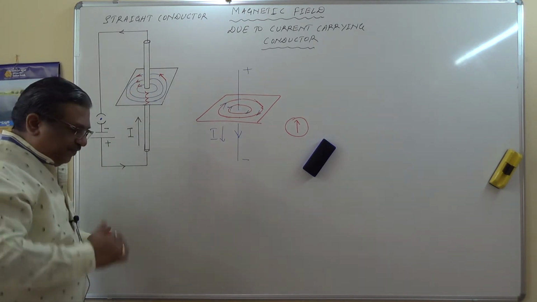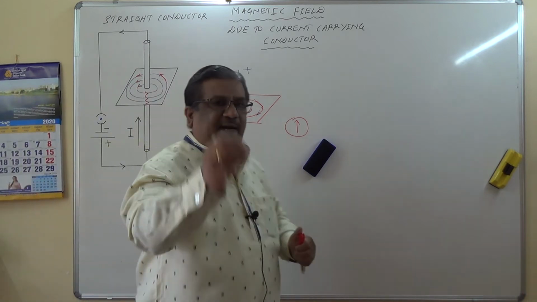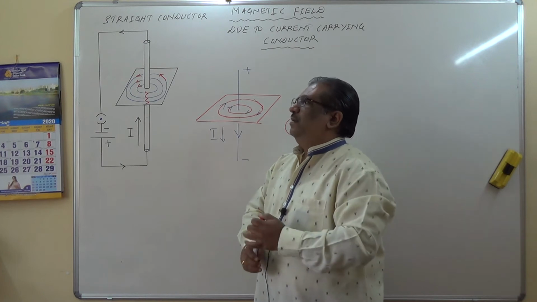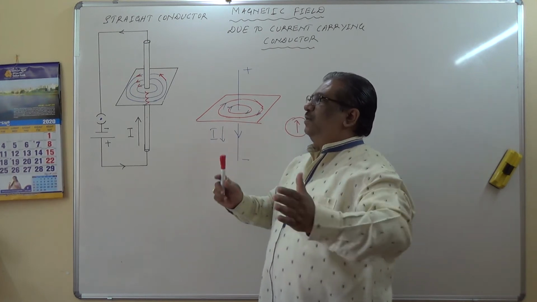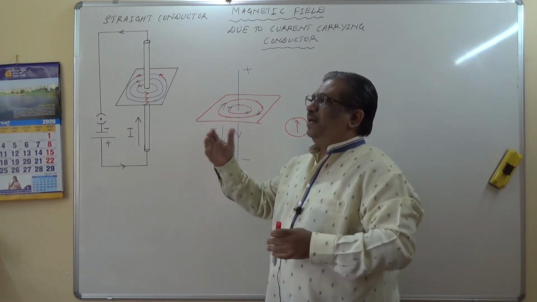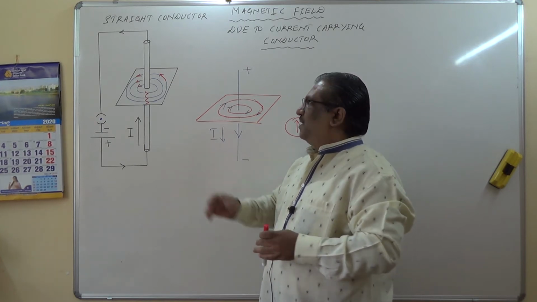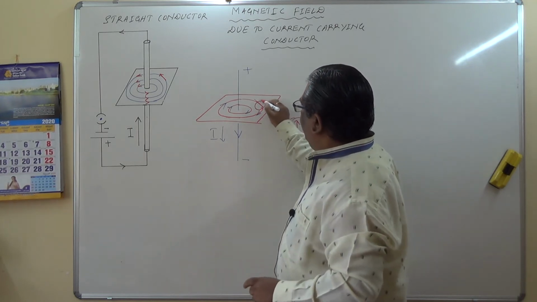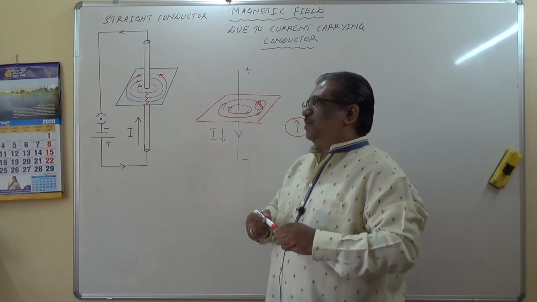Okay, now a couple of points are there. I'll read from my PPT and then explain. First point, current through a straight conductor produces a magnetic field around it, and it can be detected by the deflection of the compass needle. Yes, we explained that. For example, here if I keep a compass over here, it will deflect. That is the first point.